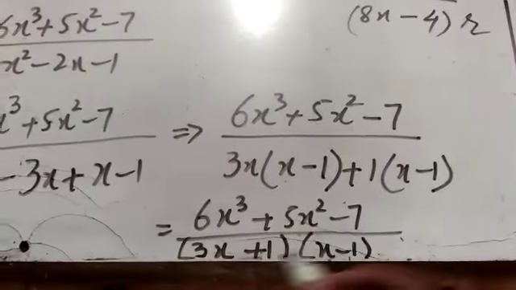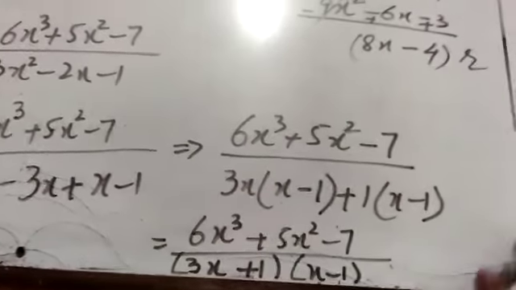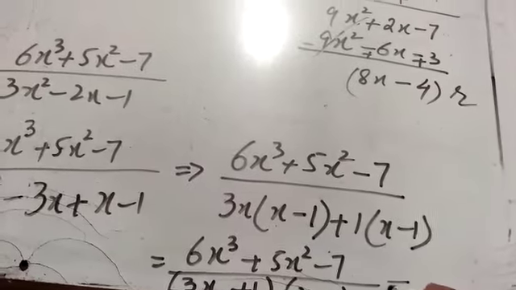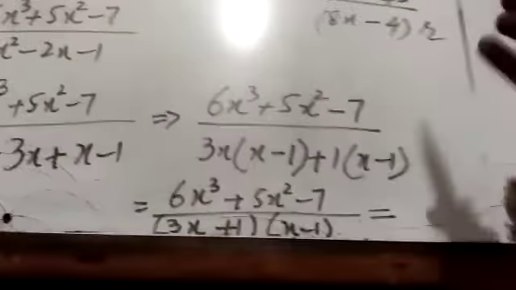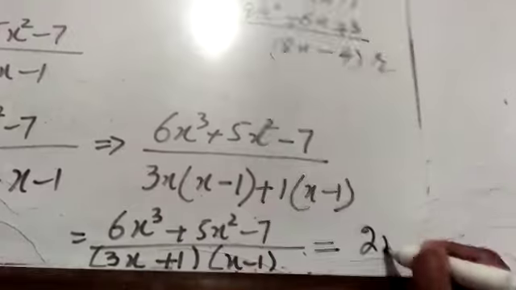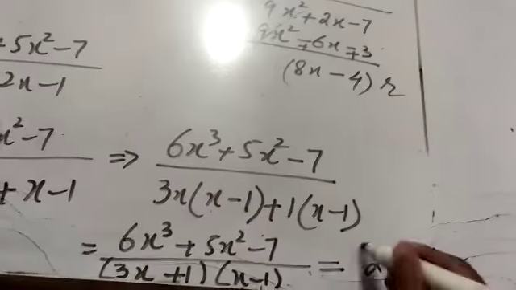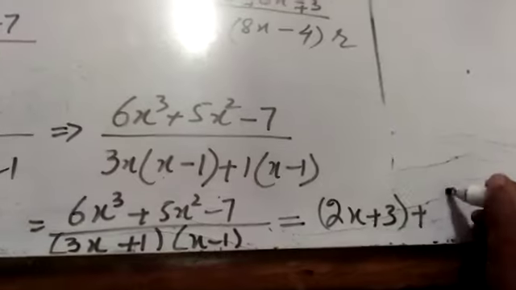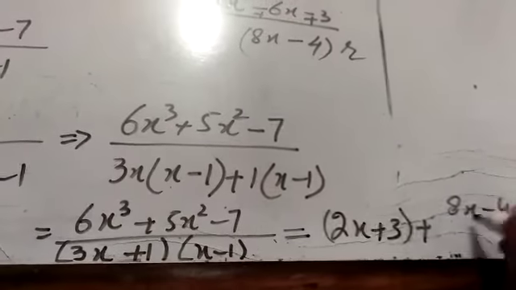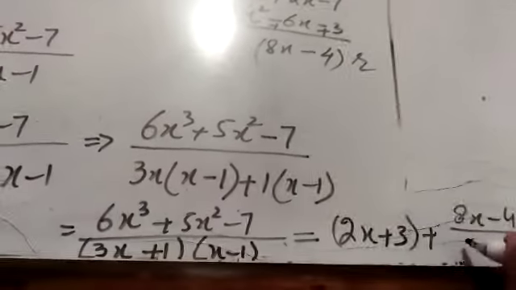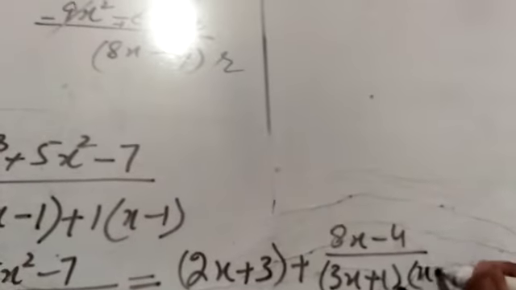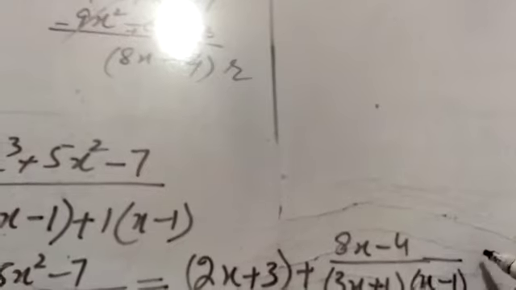They are two factors of the given fraction, and their partial fractions will be the quotient, which is 2x plus 3, plus remainder over divisor. The remainder is 8x minus 4 and the divisor is again 3x plus 1 and x minus 1.